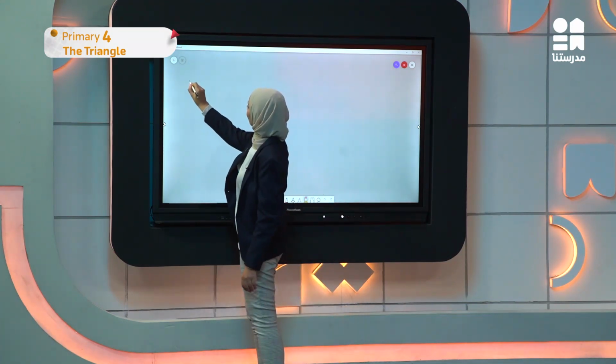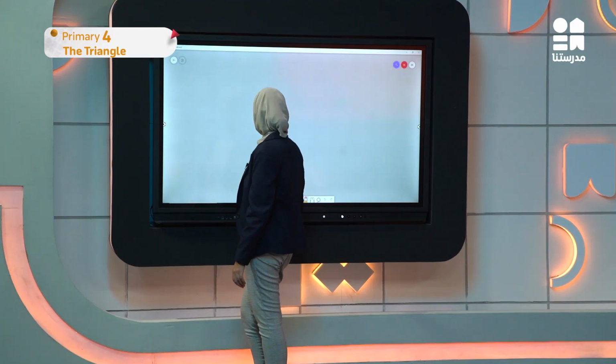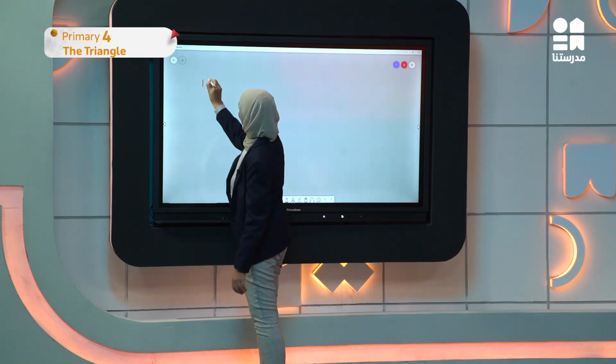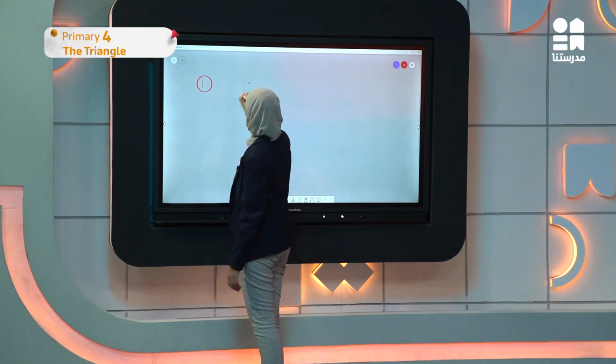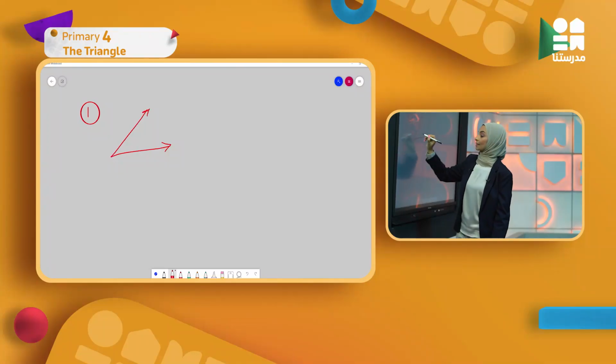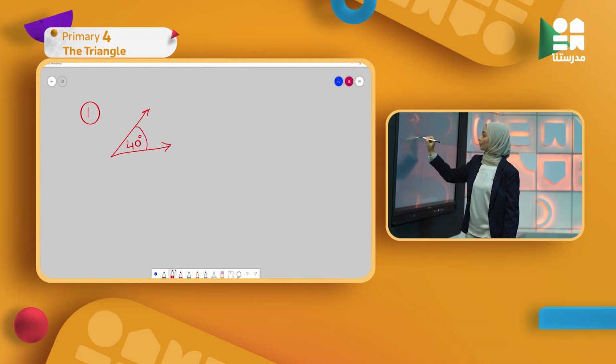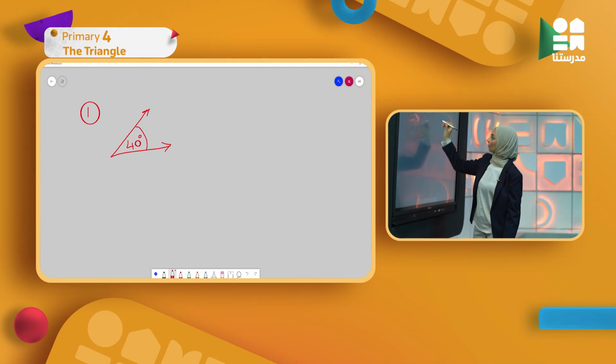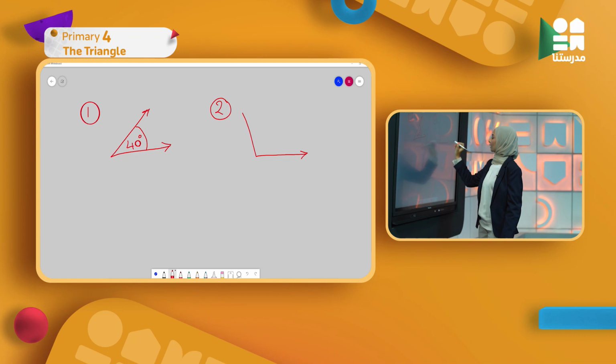The first example, here I have angle, its measure is 40 degree. Another one, this angle, its measure is 120 degree.